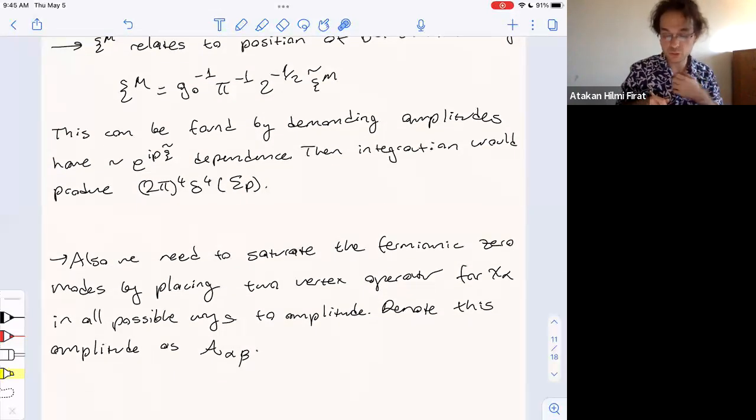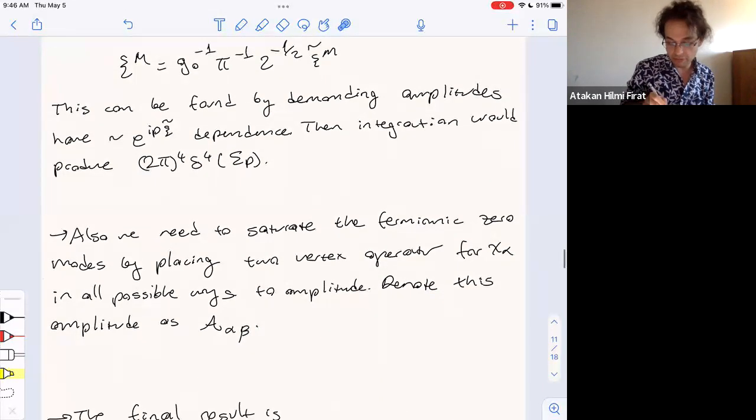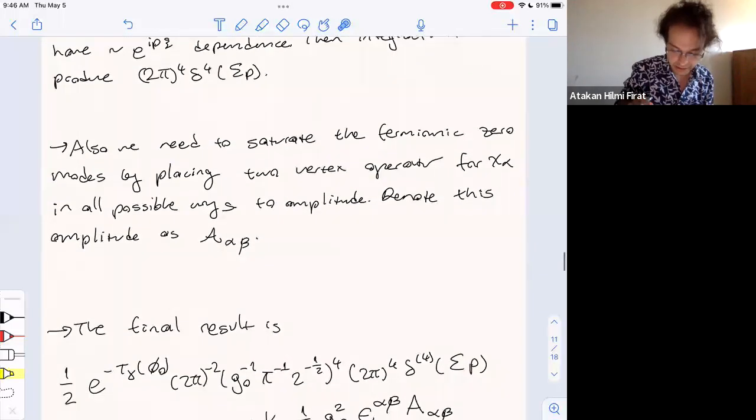Then we need to saturate some zero modes. This is like a Yang-Mills instanton. Basically we are doing some string version of that, placing two vertex operators for these Goldstino zero modes in all possible ways in the amplitude that you're multiplying these bubble diagrams by. I will denote this amplitude A alpha beta, where alpha beta is the Goldstino's spinor index.